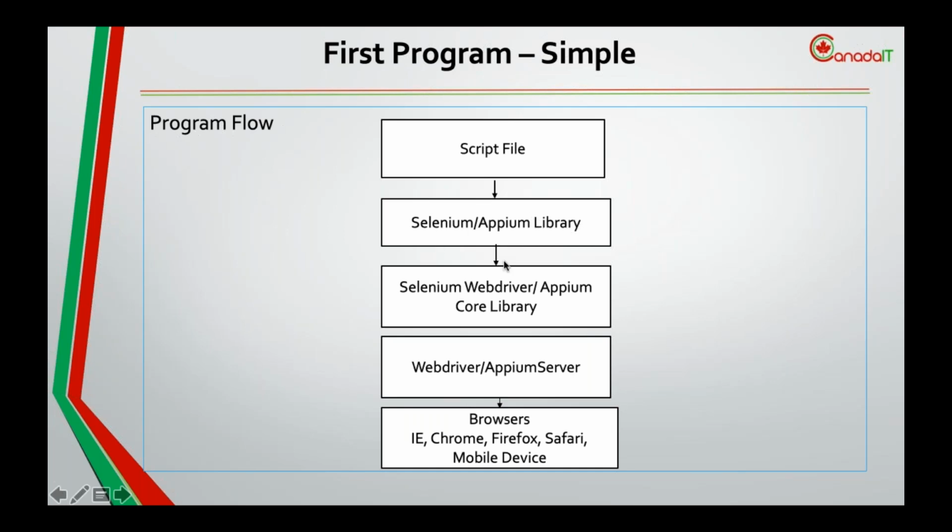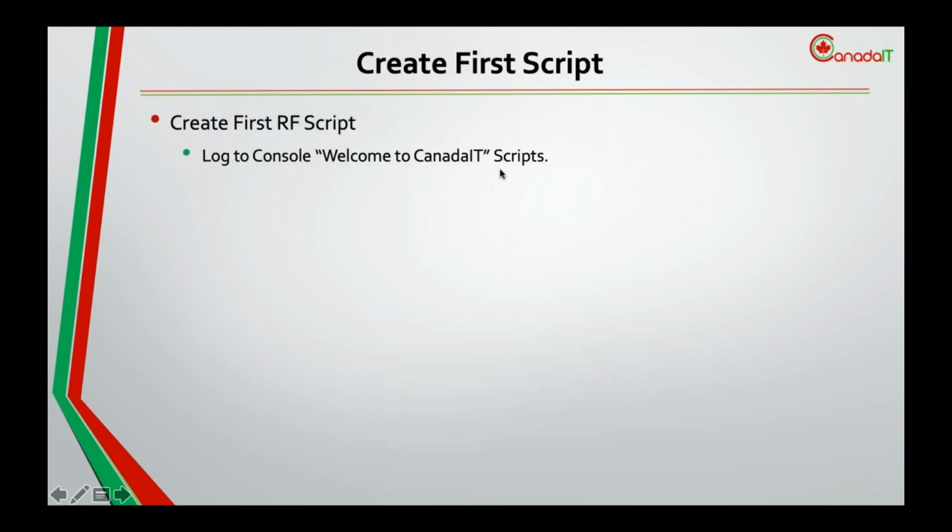In turn, those libraries are based on the Selenium web drivers and your Appium core libraries, which depend on the web drivers and Appium servers, and using those they execute on Chrome driver, Safari drivers, and mobile drivers. This is not the exact figure, but it gives a high-level understanding of how your test ran and how your browser was communicated with. From your script you call this.